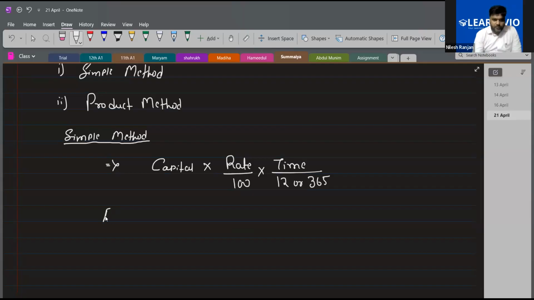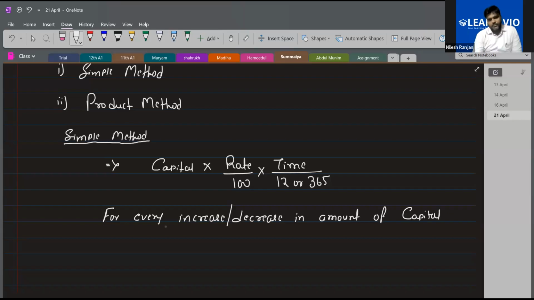So for every increase or decrease in the amount of capital, we have to use this formula separately.